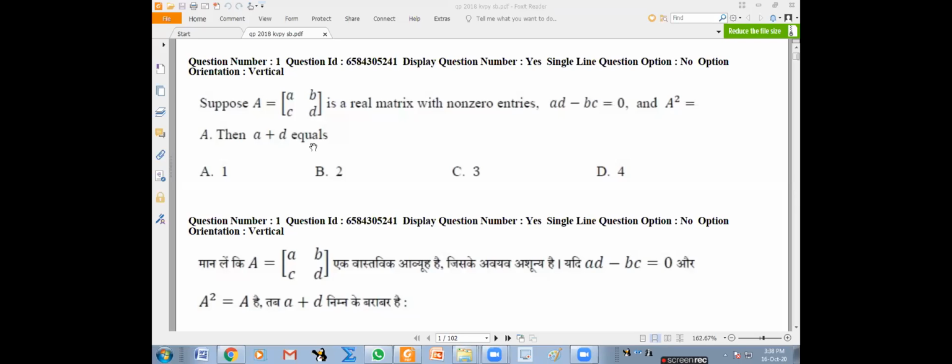Of course, there is a little exception: sometimes a 2 by 2 matrix need not satisfy a quadratic, it can satisfy a linear equation only. For example, the identity matrix also will satisfy this, I square equal to I. But for that, determinant is not 0, right? So then what happens? For A equal to I, you don't have to go to a quadratic equation.